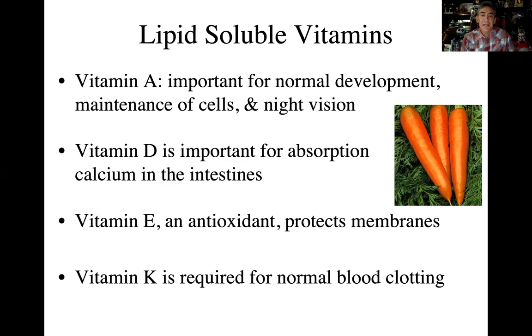Vitamin D is for absorption of calcium, and this is a big deal, right? In Anatomy 1 and Anatomy 2, you're going to learn a lot about calcium's role in muscle physiology, in action potential, nerve impulse generation.